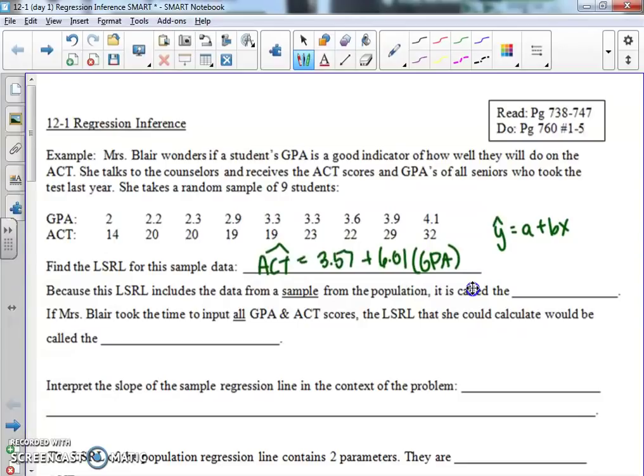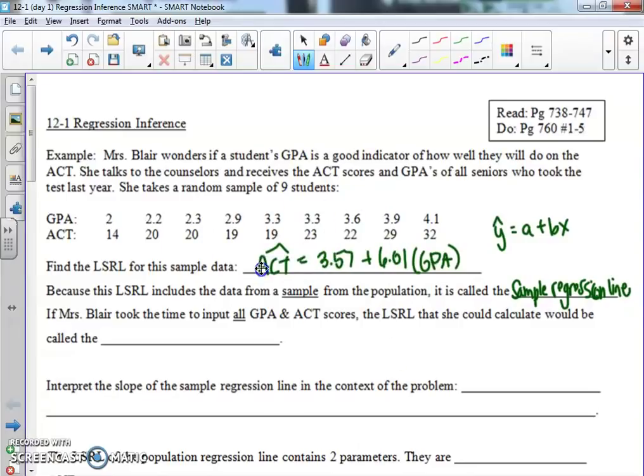Because this least squares regression line includes the data from a sample from the population, we call it a sample regression line. Remember, what we're usually doing is taking a sample to try to predict something about a population. This is not all of the students who took the ACT last year. It's a sample of 9.